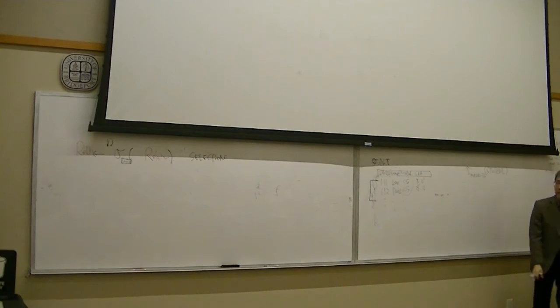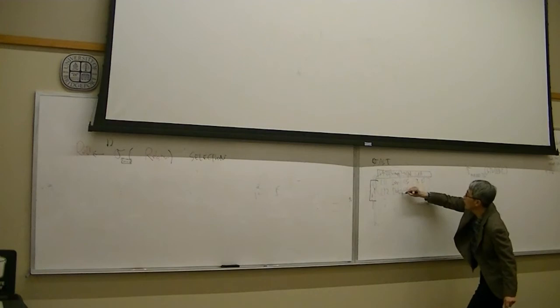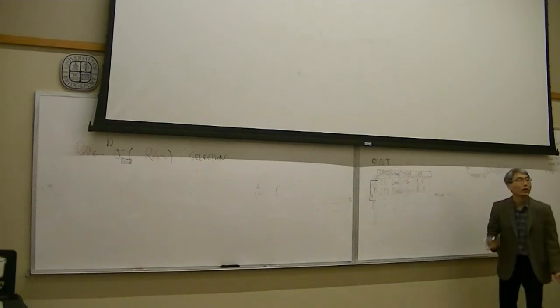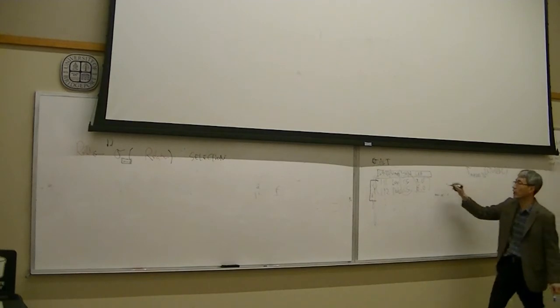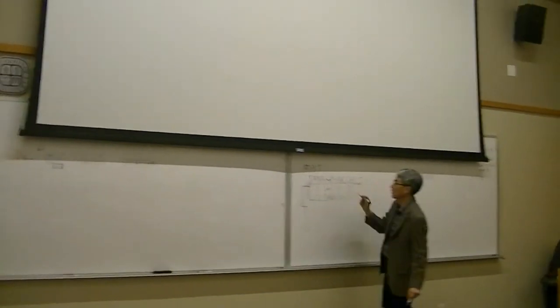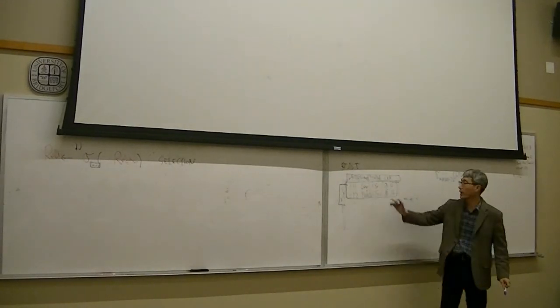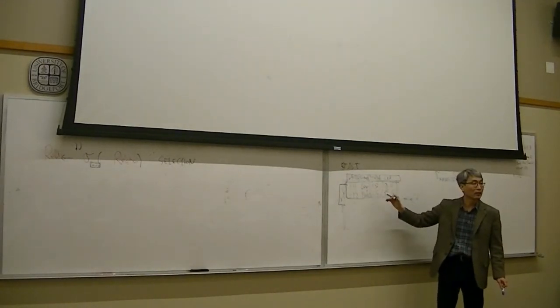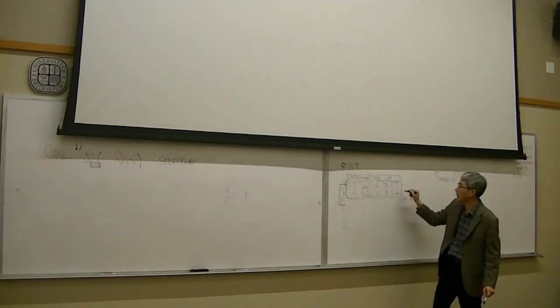Then only tuples whose major is CS will be returned. So the output of this operation is this one, 113 and 112 Patel, whose major is CS, with all attributes. So this will be returned.